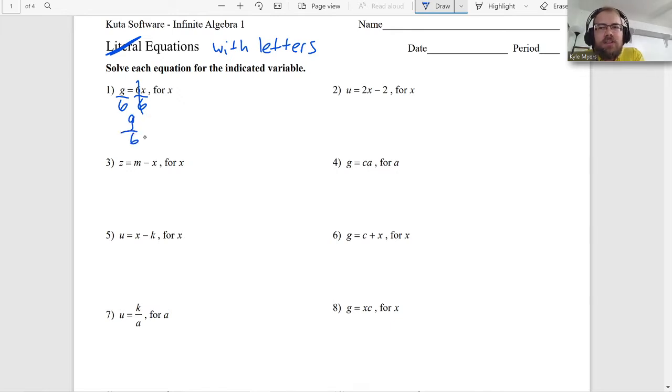G over 6 is just g over 6. Can't simplify that because we don't know what g is. And if we don't know what g is, then we can't go any further. There's nothing else to do. We've got x by itself, which is the main goal. Right? If we're trying to get x by itself, we've accomplished that goal. We just can't divide g by 6.